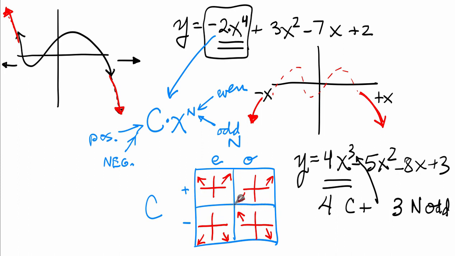And so if we consult the chart, c is positive, n is odd, and so the end behavior will be such that on the right-hand side it goes upward, left-hand side downward.